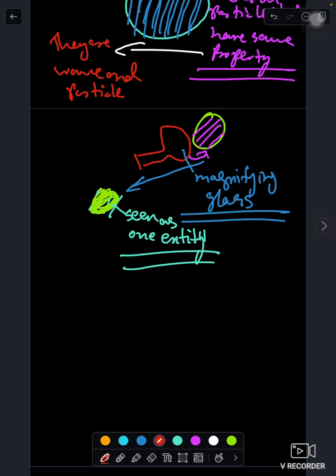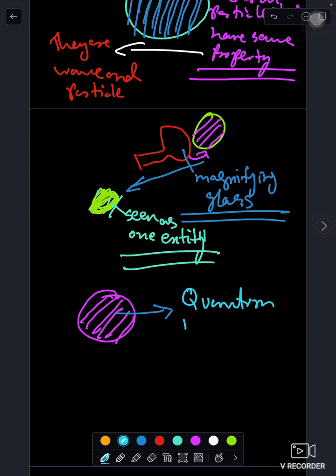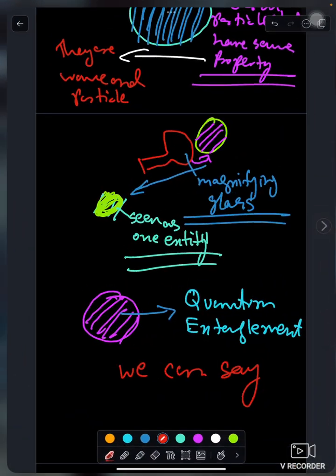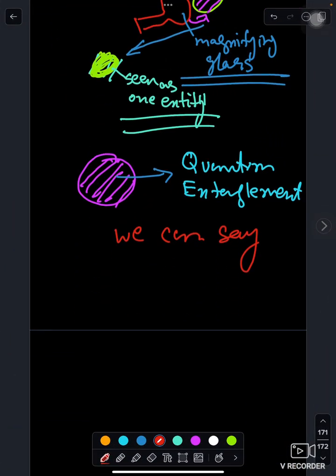Here again one more concept of quantum mechanics comes in, quantum entanglement. How can we say that? We just talked about it being one entity.